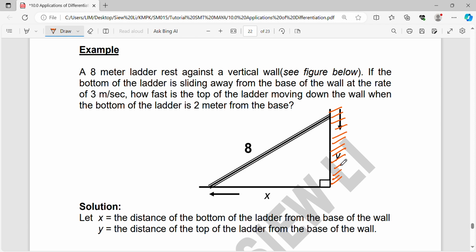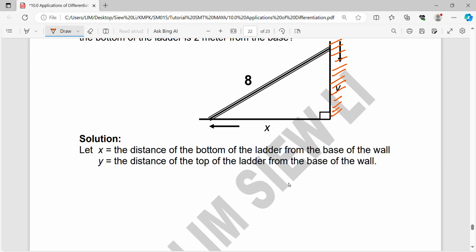So this y is decreasing. So let us define our variables where x is the length of the bottom of the ladder from the base of the wall. Meanwhile, y is the distance of the top of the ladder from the base of the wall.